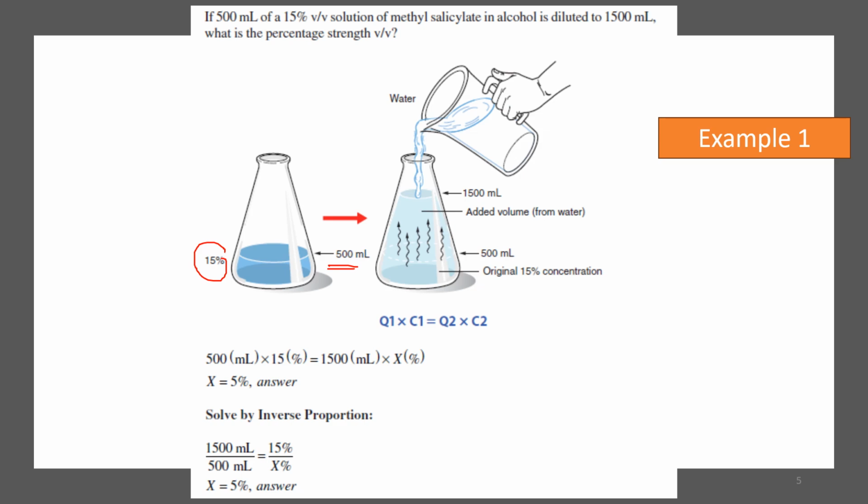It is diluted with an additional 1500 ml of water, and we want to know the percentage strength of the new mixture. By using Q1C1 equals Q2C2, you get the answer of 5%. You can either use the Q1C1 equals Q2C2 formula, or you can use inverse proportion.